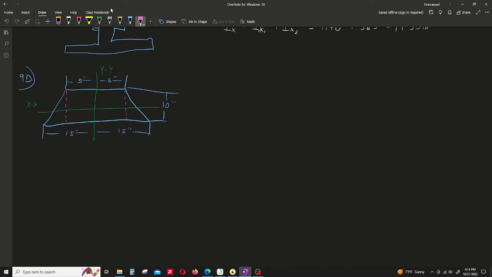So 15 minus 5 is just 10. So this base here would be 10. I think I have it drawn super wrong, but yeah, this will be 10. This over here will be 10 also. So the base is 10, height is 10, and heck, same for our rectangle, looks like.